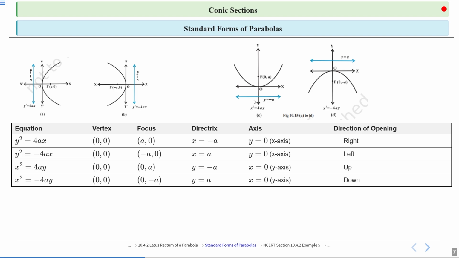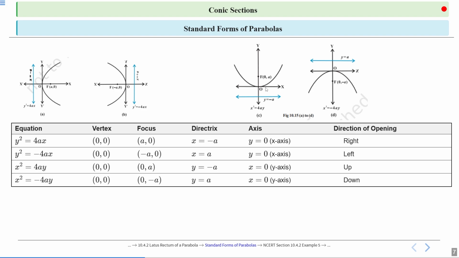The vertex of this parabola is at the origin (0, 0), and the focus is at F (0, a). The axis of the parabola is the y-axis, that is x equal to 0, and the equation of the directrix is y equal to minus a. Clear? This parabola opens upwards.